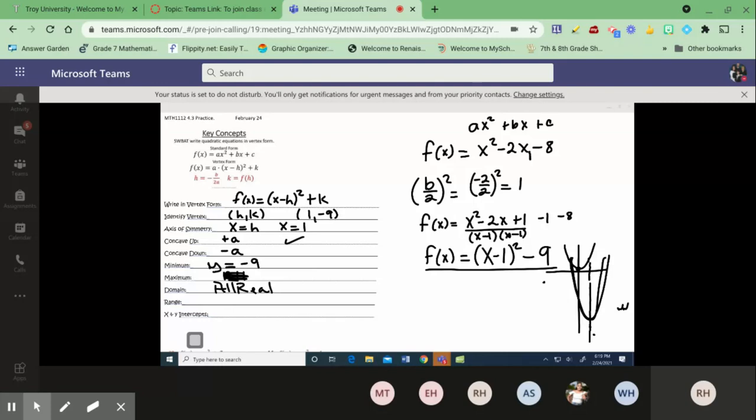What about your range? You would have a minimum point. So is my range going to go below this right here? So what's my least range going to be? Negative 9. And since it's concave up, it's going to be from negative 9 to infinity.